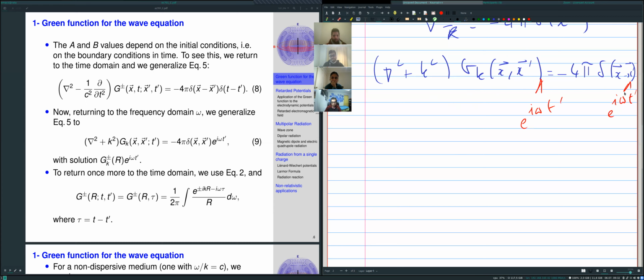So I multiply both sides by the same oscillating exponential, and then I've got the solution. The solution is just g_k times e to the i omega t prime. Okay, so this is what I'm trying to say. We know the solution. And then going back to the time domain, we have finally the solutions for the green equation. Okay, so we have the functions that fulfill this delta function here.